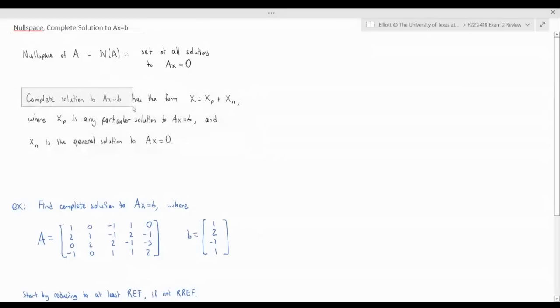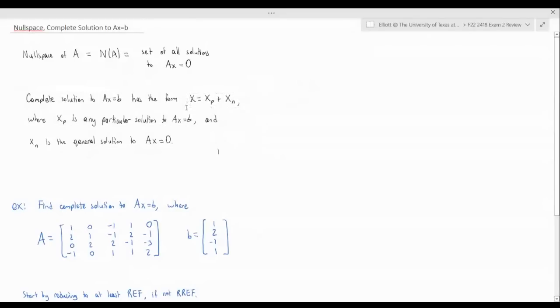So when you have an equation Ax equals b, and if it has infinitely many solutions, then it turns out that the solutions will have a particular form to them, x equals xp plus xn.